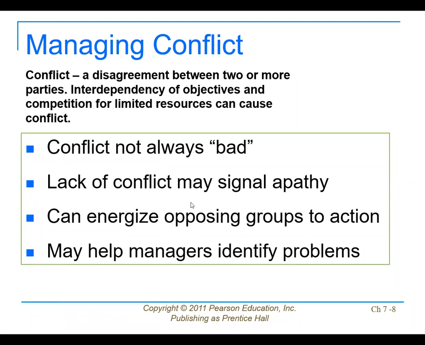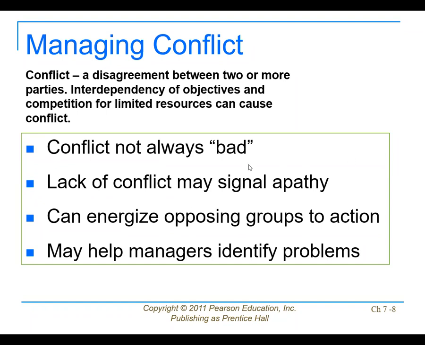So that's why conflict is not always bad, because conflict shows you your weaknesses, your problems, your issues in functions. If there were no opposition, no opponents, I would not be in a position to evaluate myself.